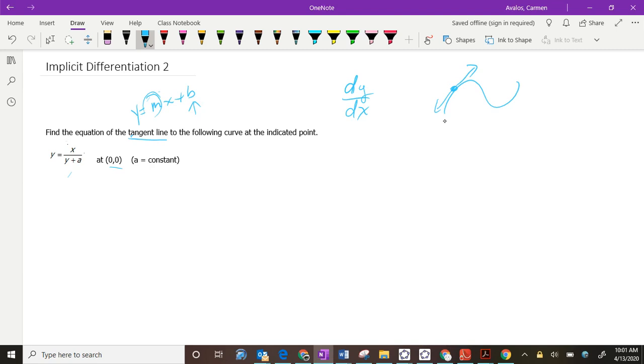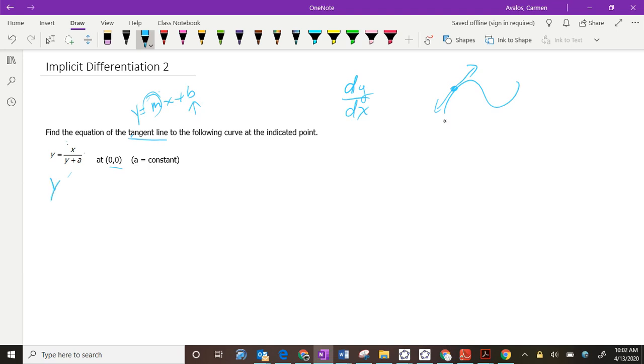Okay, so here's the equation that we have. You could use the quotient rule, because it is a fraction and we do have a denominator. But what we're going to do instead is multiply this side by y plus a.